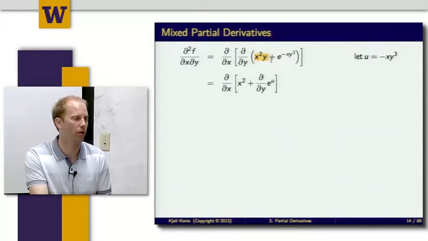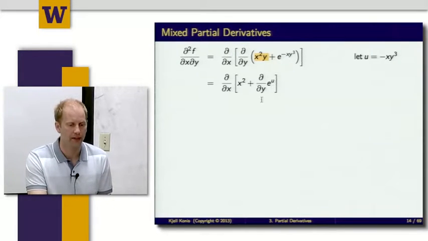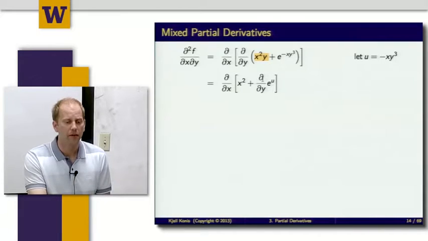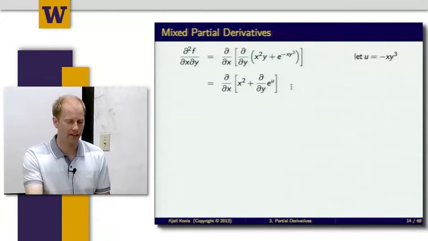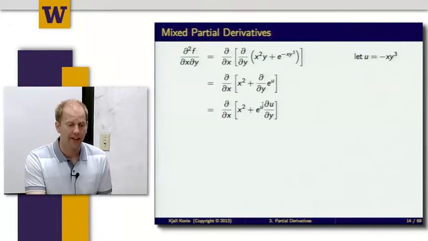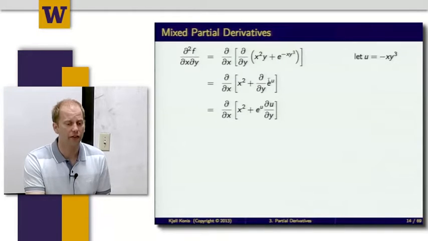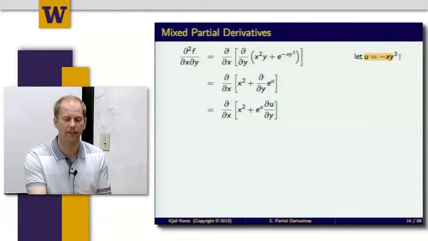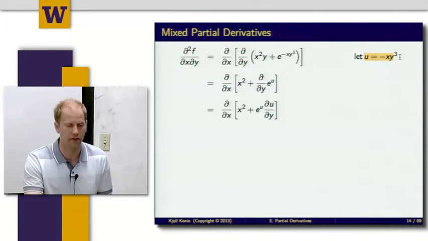I also did the partial derivative with respect to y of the first term here, just because it was easy. By the power rule, the y is just y to the 0, so I have x squared plus the partial derivative with respect to y of e to the u. That begs for the chain rule. So that's just going to be the derivative of e to the u with respect to u, which luckily is easy, e to the u, times the partial derivative of u with respect to y, which I'm going to get just exactly like the first example by taking the derivative of my substitution.